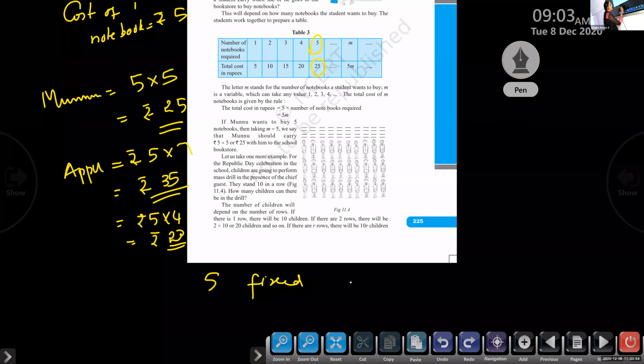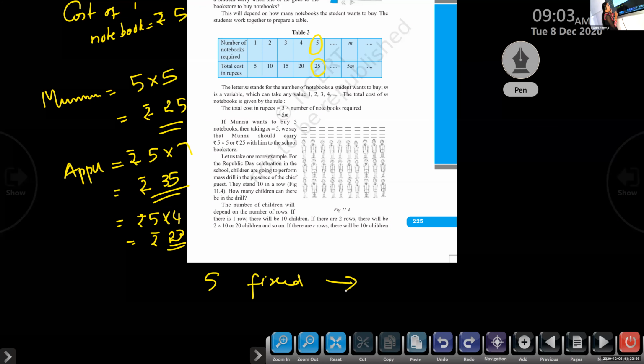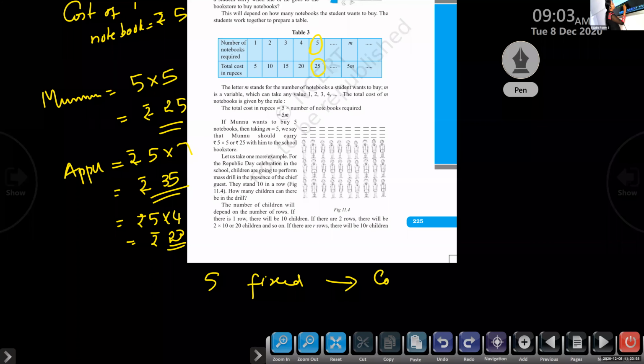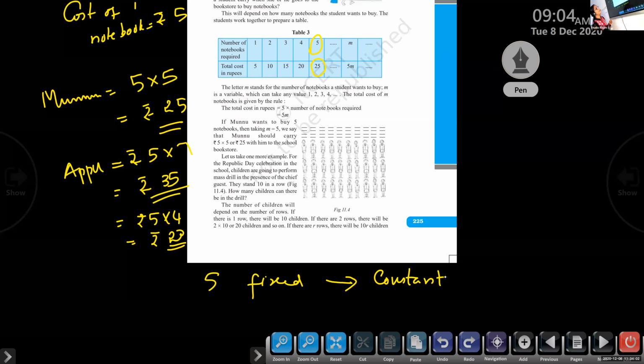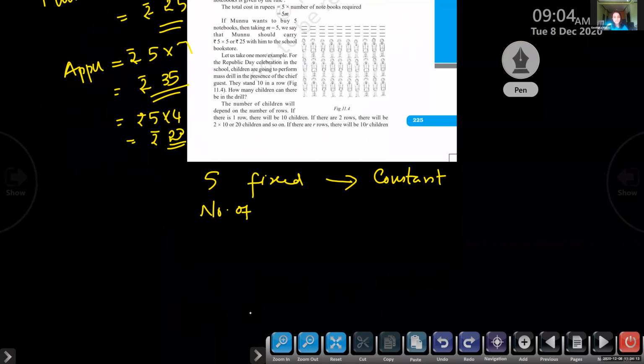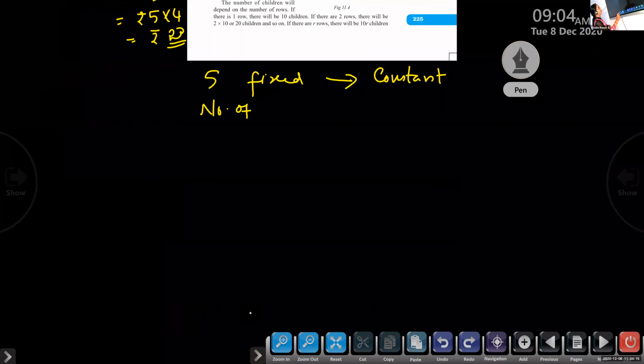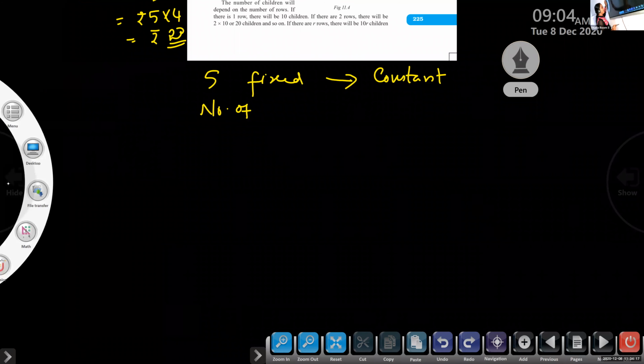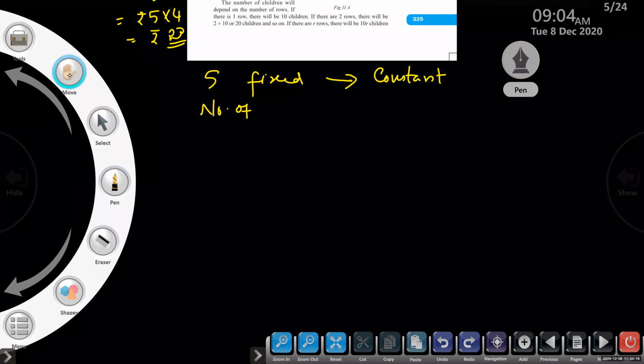Okay, children. So instead of saying that fixed value, we will give one name: constant. 5 is a constant, which means its value never changes. And which varies, which is the variable here? The number of notebooks each student wants to buy is the variable, right?